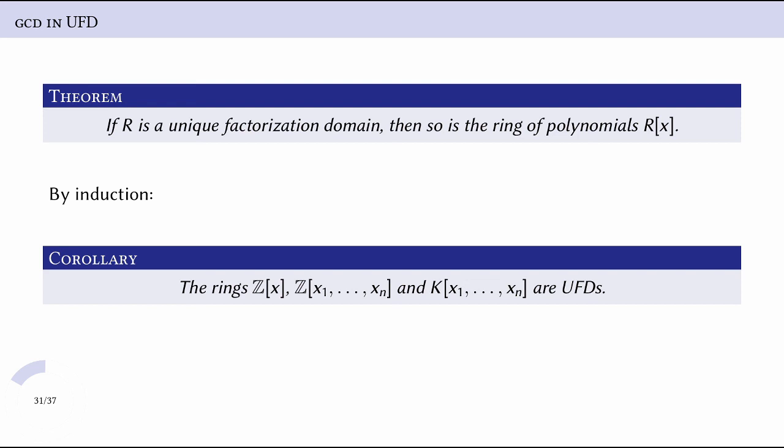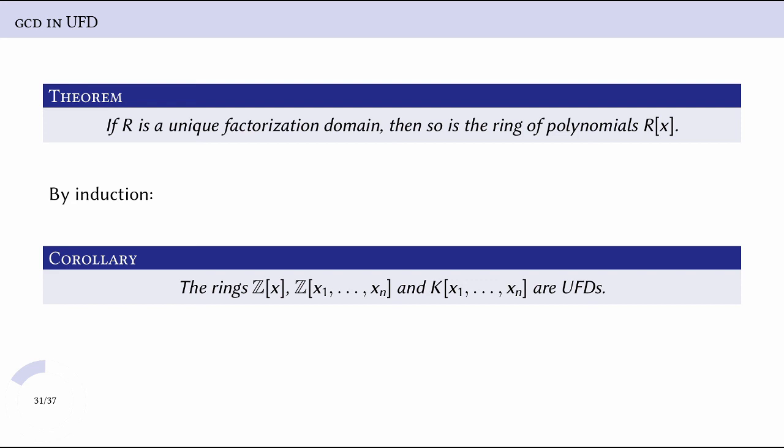Most important is that if we have a unique factorization domain, then the ring of polynomials over this unique factorization domain is a unique factorization domain as well. So if there exists a greatest common divisor in the ring R, in the ring of coefficients, then there also exists a greatest common divisor in the ring of polynomials.